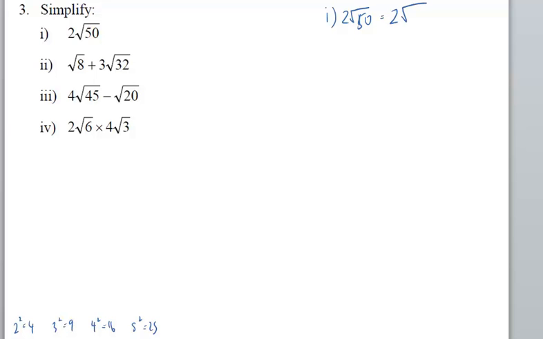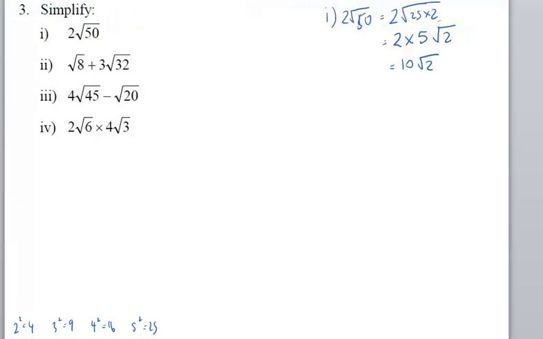So it's 2 root 25 times 2. The square root of 25 is 5. So this becomes 2 times by 5. We take this square root of 25 out, and then we have times by this square root of 2 that is still left here. 2 times 5 is 10. We have 10 square root 2.